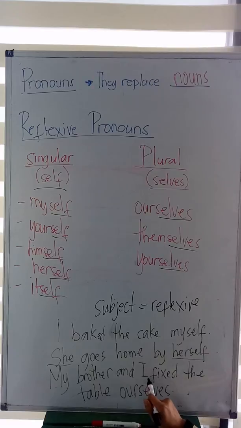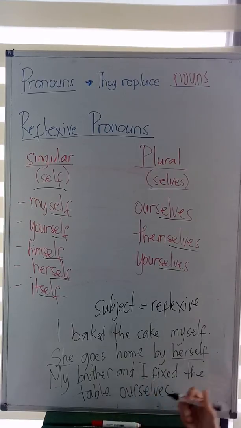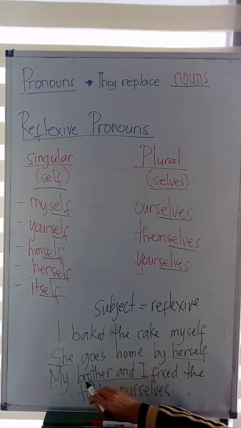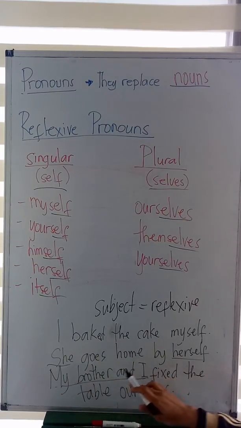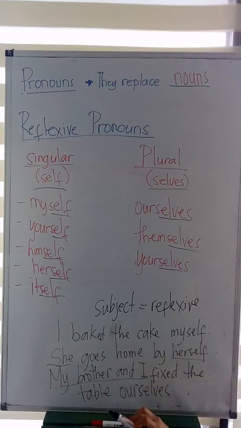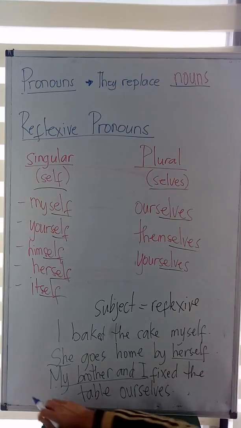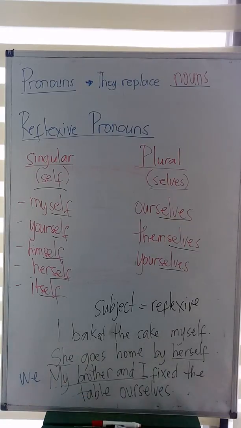Even though you will see the pronoun I here, whom we are talking about is my brother and I, not only the pronoun I. If we change my brother and I to a subject pronoun, it will be the pronoun equivalent to we. So that is why we use the reflexive pronoun ourselves. It's like we fix the table ourselves. So you have to understand the sentence so you'll know which reflexive pronoun you need to use.